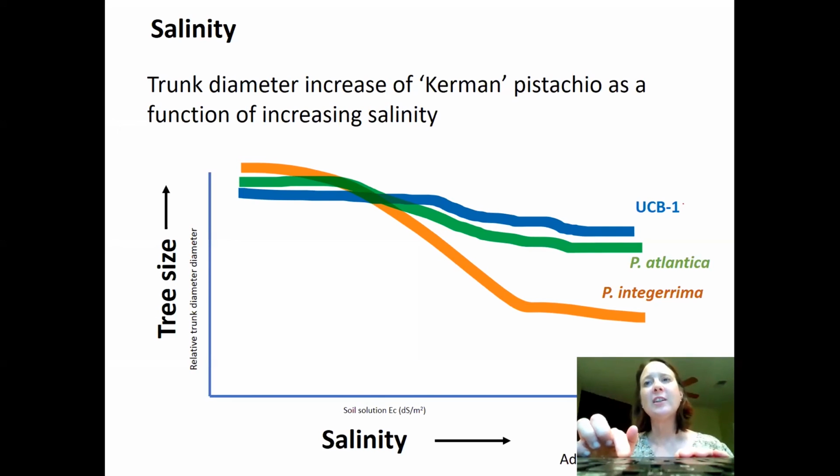And what the researchers found is with increasing salinity, the UCB1 rootstock was able to maintain a higher trunk diameter than either Atlantica or P. integerrima. And remember, P. integerrima was that seedling that really saved the pistachio industry from verticillium, but under saline conditions, UCB1 does perform better.